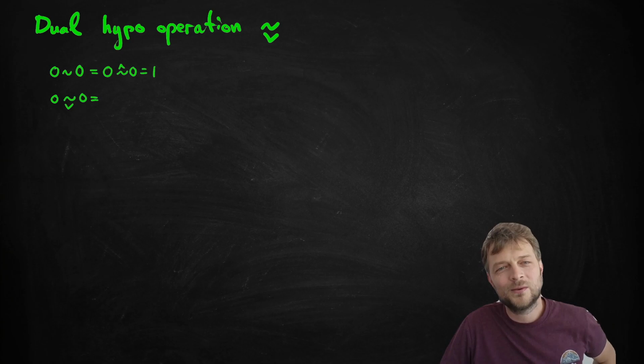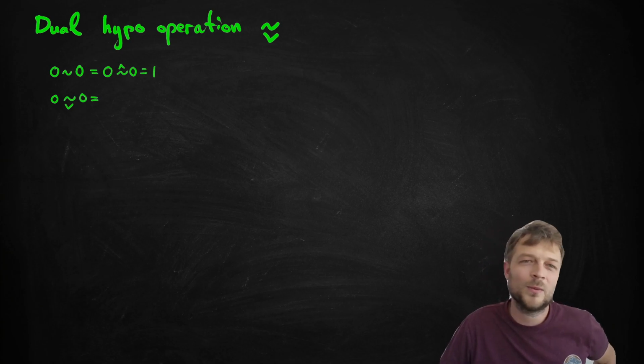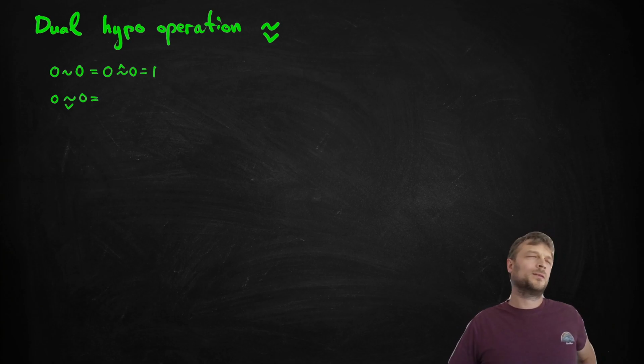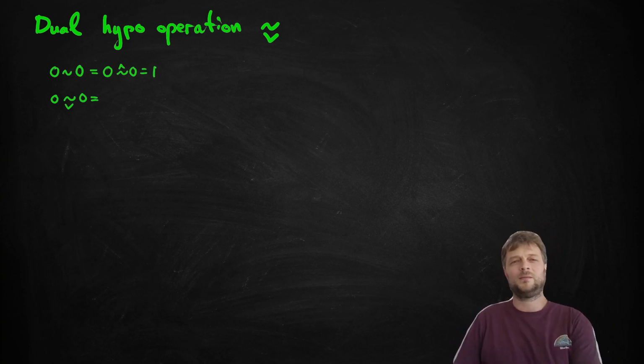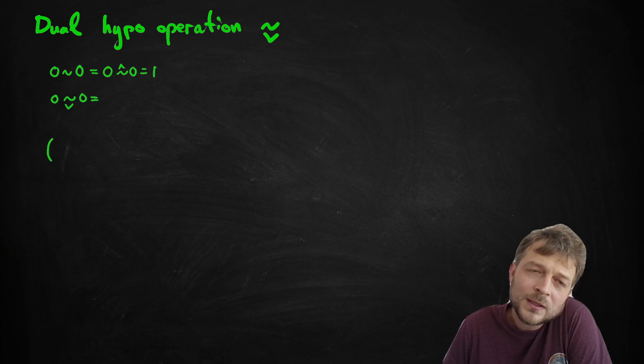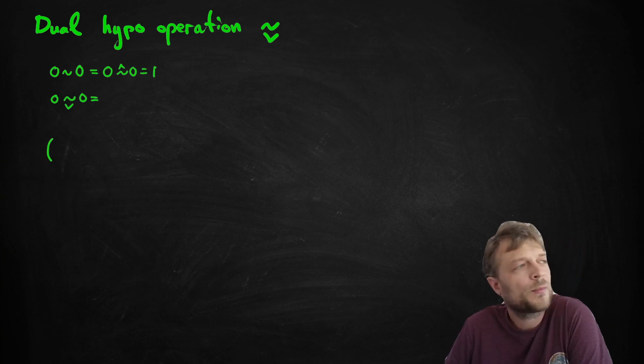So 0 tilde 0 with hat on top is 1, we know that. What is 0 tilde 0 with hat on the bottom? Let's recall the recursion we built was using this identity that I think could be equivalent to the distributive law, but I don't know that yet for sure.